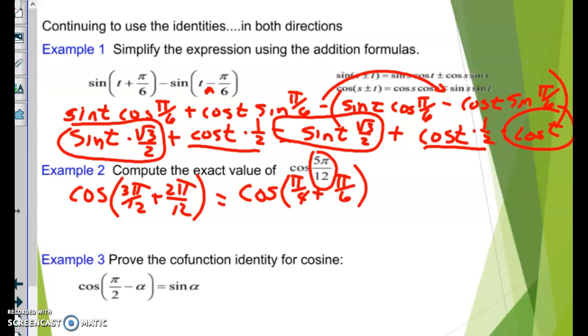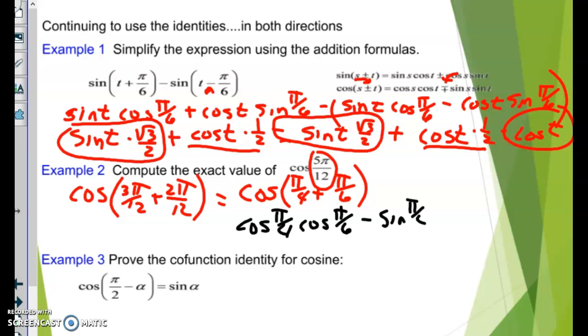Now we have the cosine of a sum. And if you remember, for the cosine of a sum, the signs are the opposite. So if I'm adding over here, I would be subtracting over there, because the sign on the top goes with the sign on the top. So I'm going to use my cosine formula, which says cosine pi over 4 times cosine pi over 6 minus sine pi over 4 sine pi over 6.